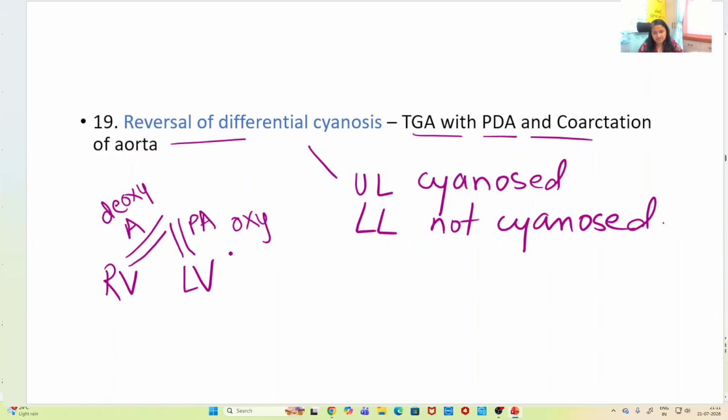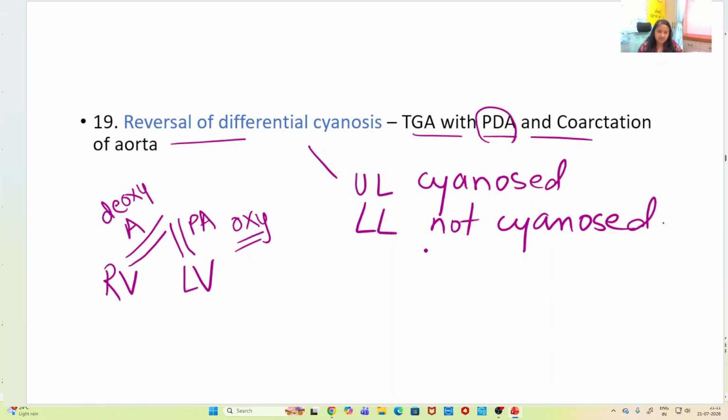Why is the upper limb cyanosed? Because this left ventricle is pumping oxygenated blood into the pulmonary artery, which is going to the lungs, but because of coarctation of aorta, this right ventricle is not able to empty the deoxygenated blood completely. This pulmonary artery, which is carrying the oxygenated blood, through the PDA, is going to push this oxygenated blood into the descending aorta.